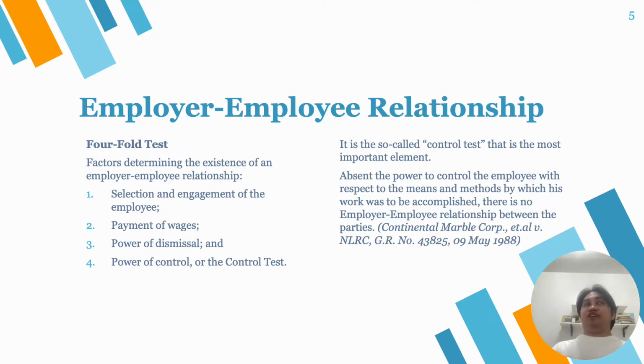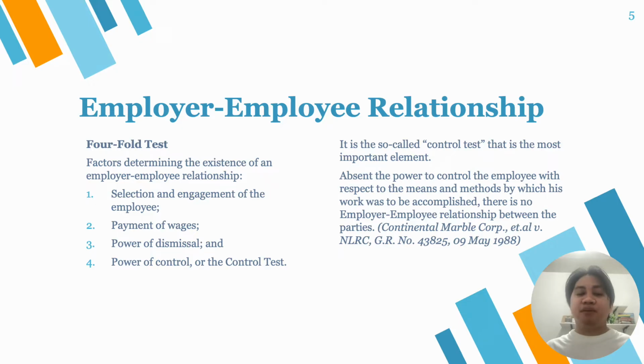Second will be the payment of wages. That's another factor. If you're being paid for the services you're rendering to someone else, you probably are an employee, and the one paying you is an employer. The power of dismissal: when you're dismissed by that individual because, say, of certain infractions or violations of certain rules, or your inability to be productive, that is a factor as well.